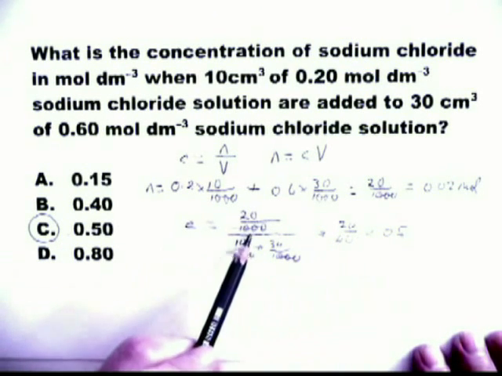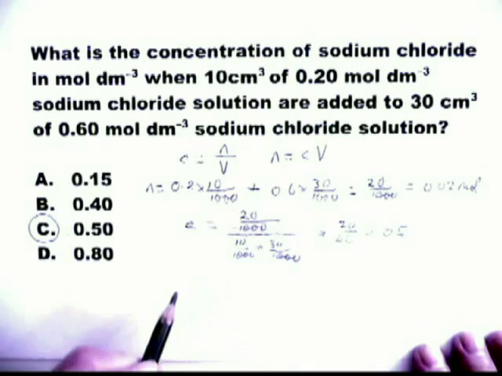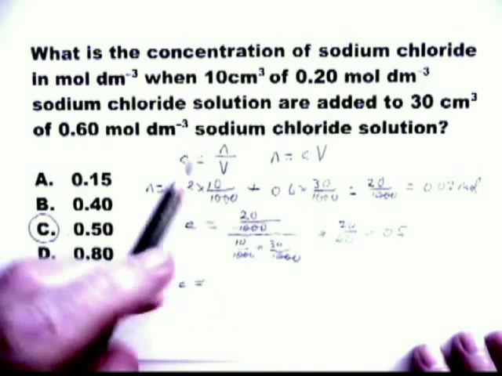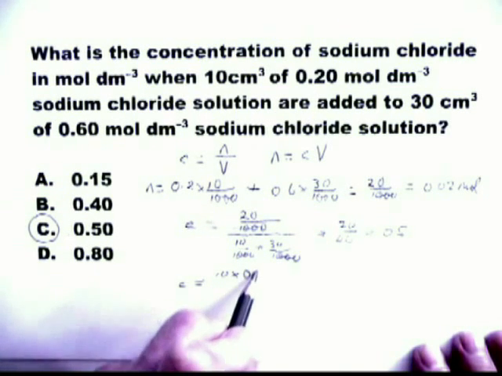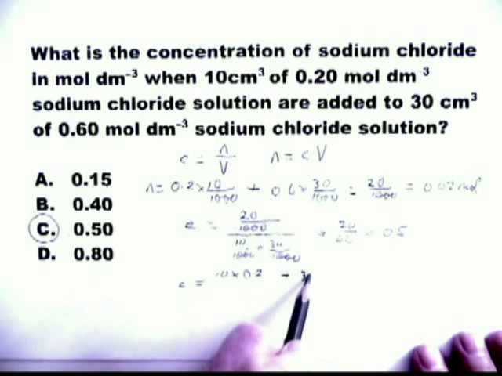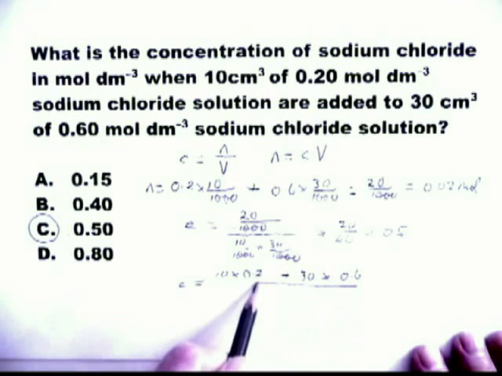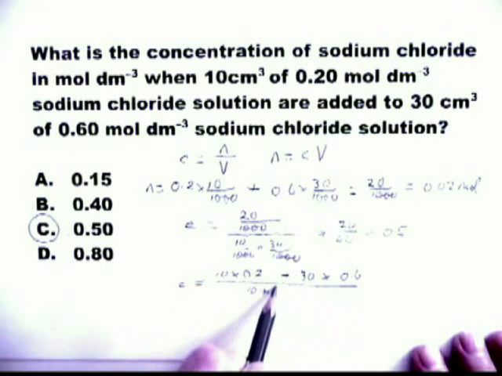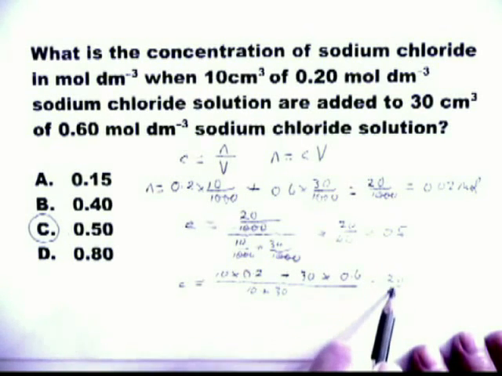Now look carefully at this. You can see the formula can be simplified. Simply look at the numbers given in the question. C equals 10 times 0.2 plus 30 times 0.6, divided by the total volume, which is 10 plus 30, and that equals 20 over 40, which equals 0.5.